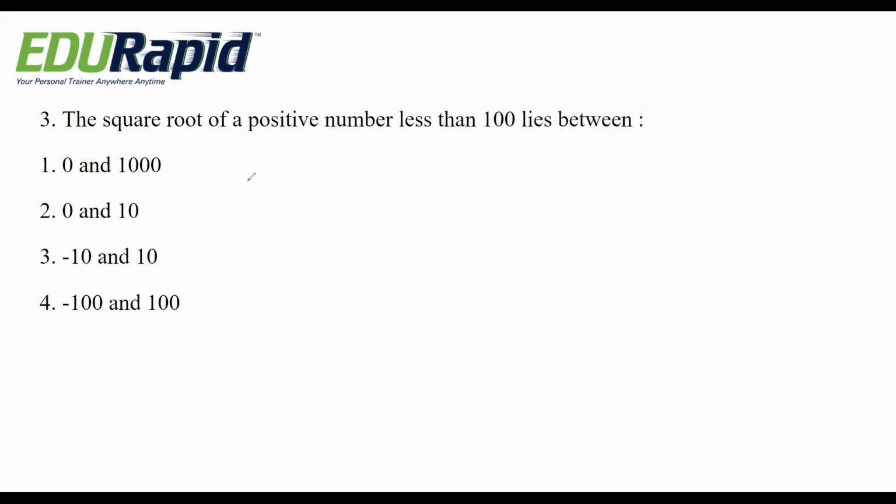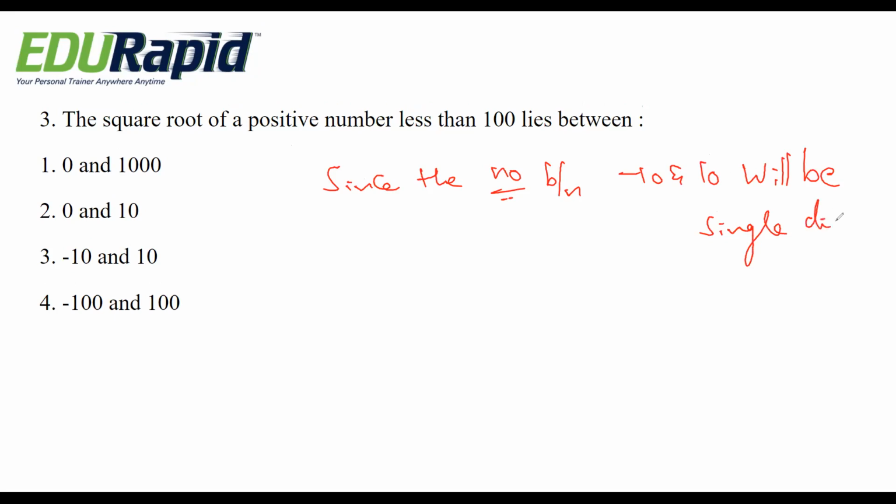Here the number between minus 10 and 10 will be a single digit, and the numbers below 100 will be either one digit or two digit.